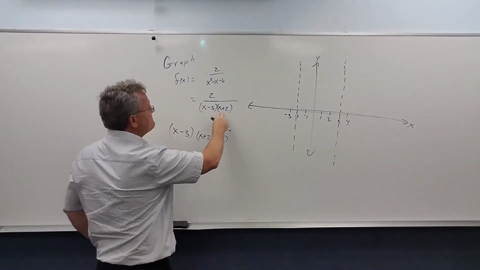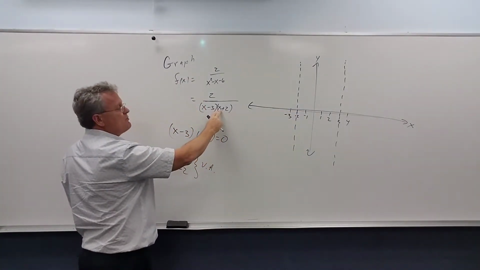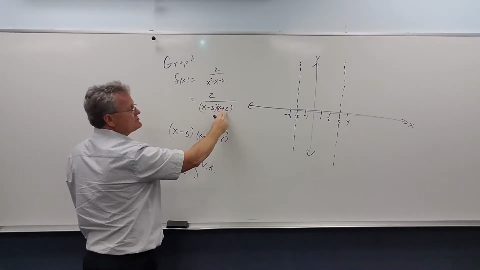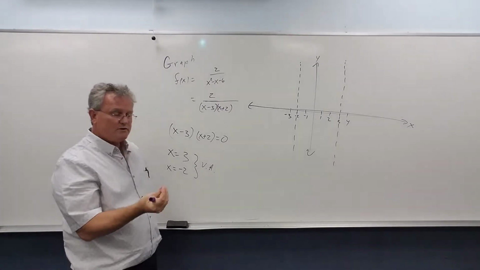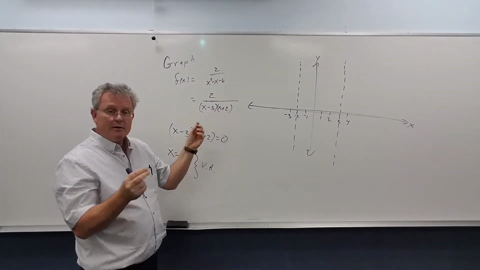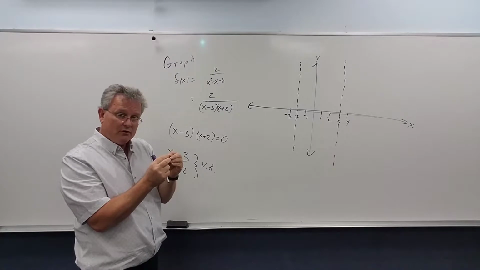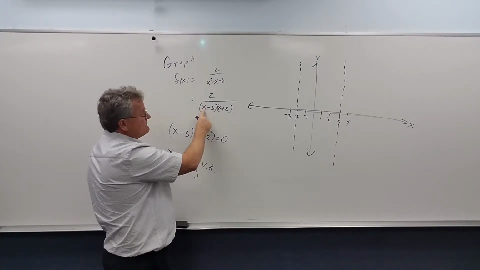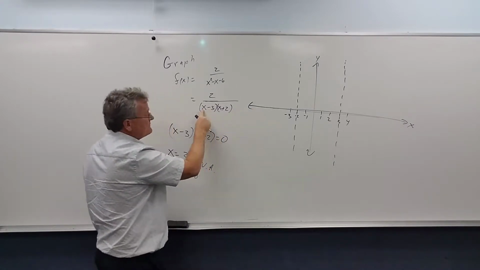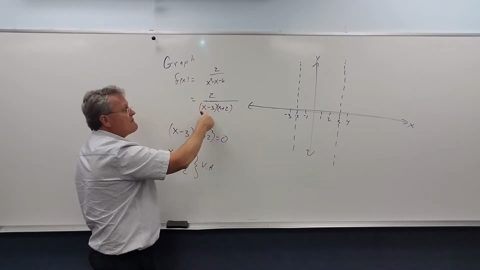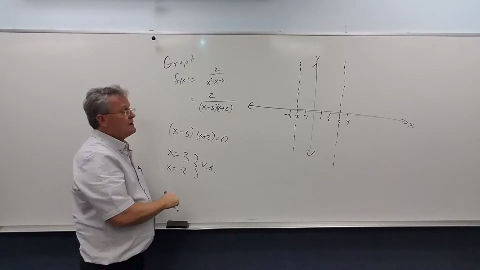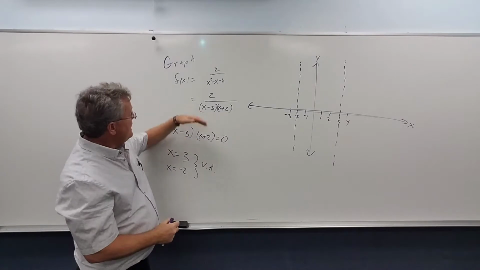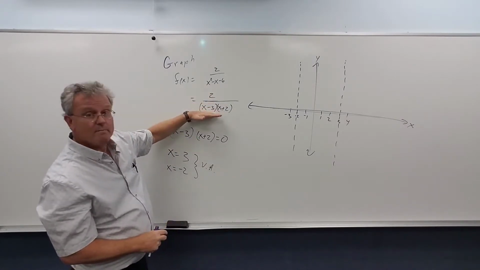When I plug in negative 2.1, negative 2.1 plus 2 is always going to be a negative number, but it's getting close to 0. But it is negative. When I plug in negative 2.1 here, minus 3, that's also going to be negative. But a negative times a negative is a positive, and a positive over a positive is a positive.